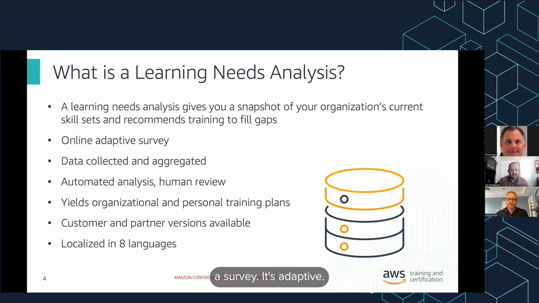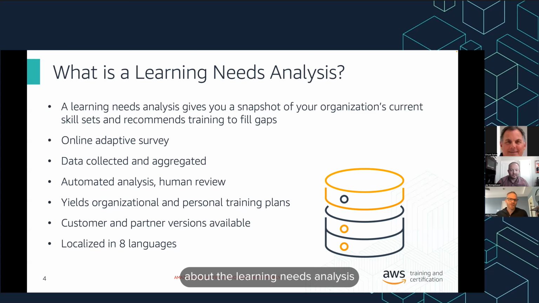It's adaptive. It evaluates both the confidence of the individual respondent, their familiarity with certain AWS services, subjects, and concepts, to help aggregate that data in a way that can be reviewed, evaluated, and analyzed. Ultimately, it always passes through an individual human to validate the results of the analysis.